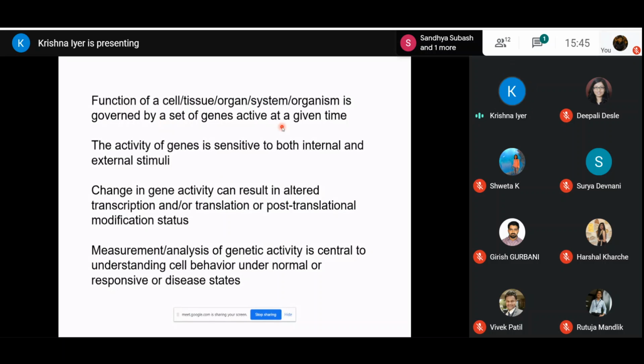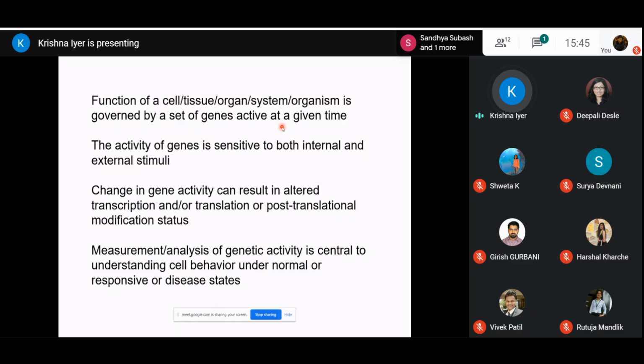As we are sitting here listening to this, our status is governed by which cell is making which genes, and therefore how this cell's functioning is affecting our own system and the organism.